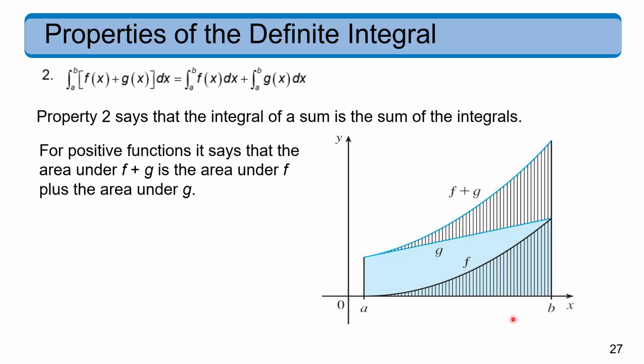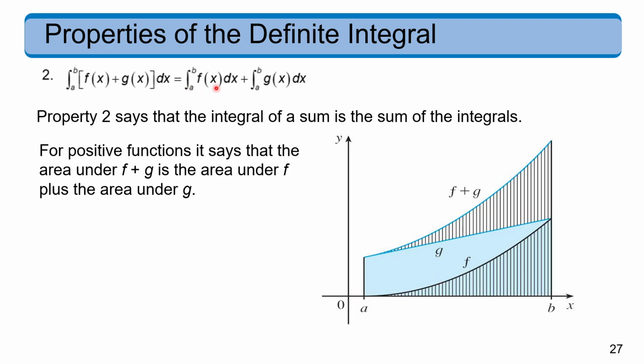And you do that for every single x value. You add the f of x value and the g of x value, and that gives you the y value for the f plus g function. Now, the integral of f plus g is the area below this curve, which is this entire region here.